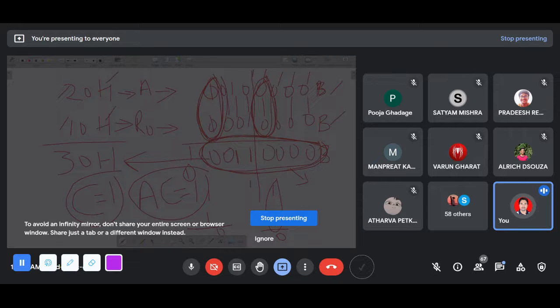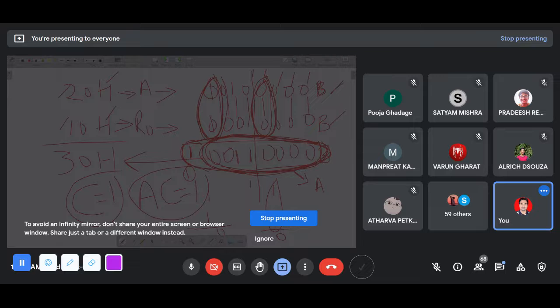To store this one, you have an answer which is of 9 bits. That means 8 bits will be stored in the accumulator, but there is the addition of 1 bit, that is a 9th bit. So this is called overflow.